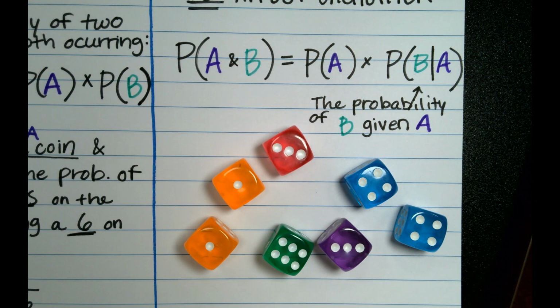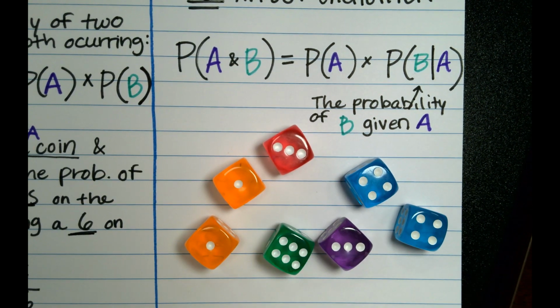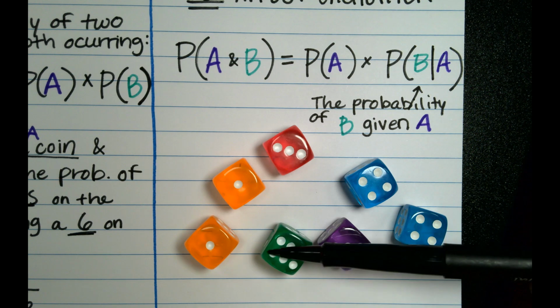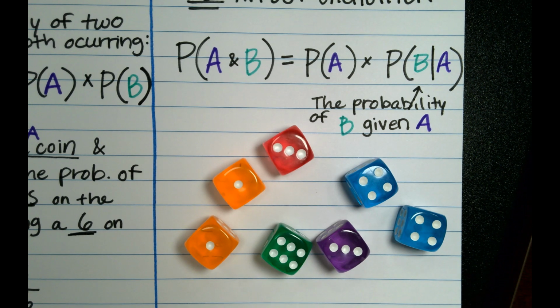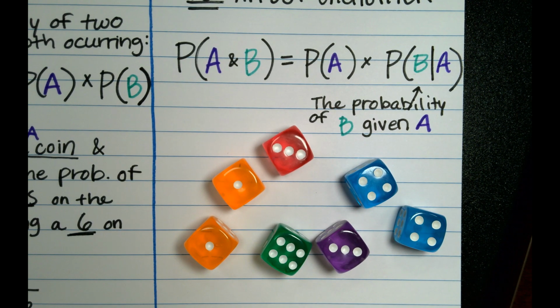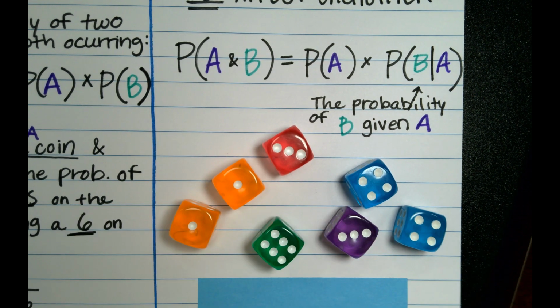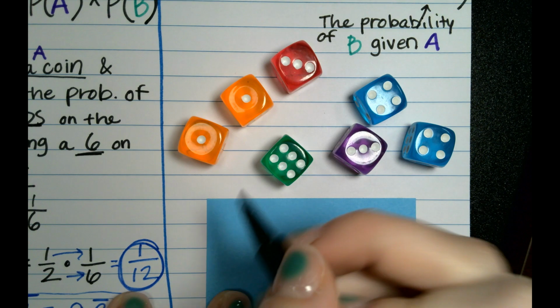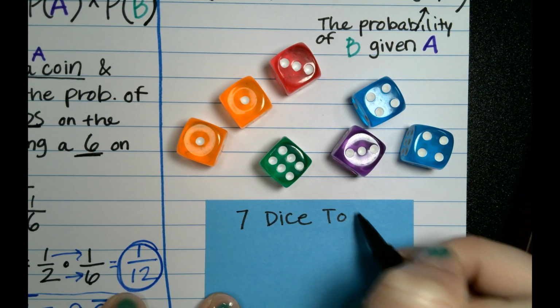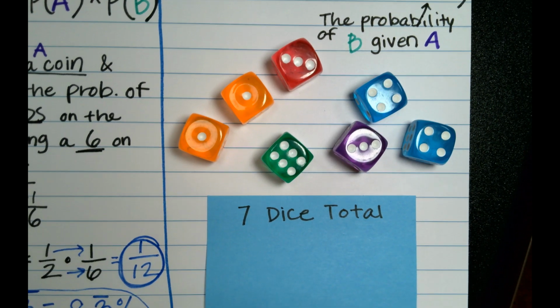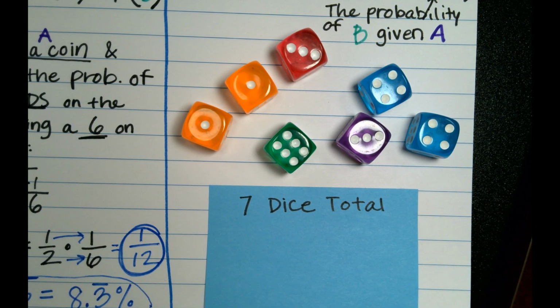So how many dice do I have here total? 7. I've got 7 dice. So let me get a little sticky note. I have 7 dice total. And I've got a few different colors of dice.